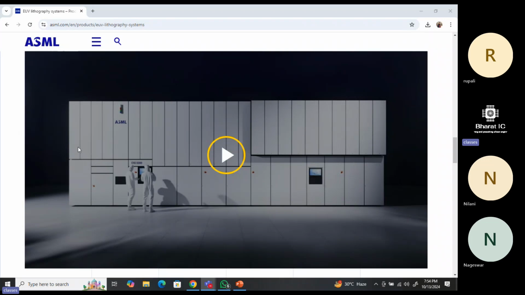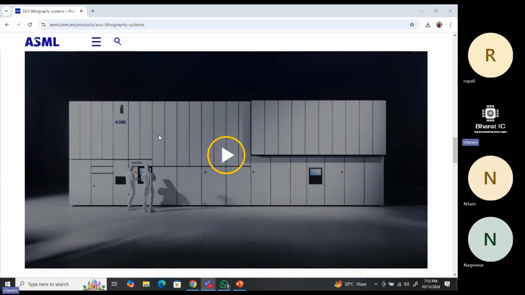I have seen the 28 nanometer ASML machine in TSMC's fab lab in the United States of America. I have never visited Taiwan. Now the 2 nanometer has also come. Okay, so this is how huge the ASML machines look.